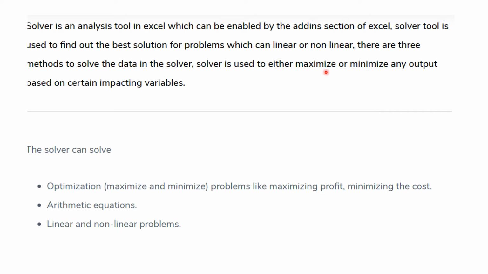Solver, again, can be used to maximize or minimize the output based on certain impacting variables. Now, Solver can solve optimization problems, max and min problems like maximizing profit and minimizing the cost. This is pretty much how we're going to be using it.